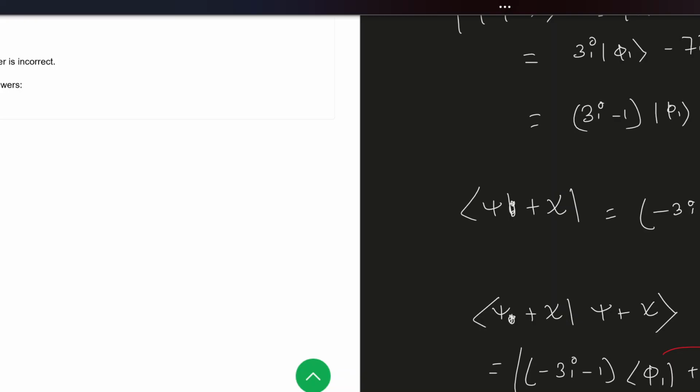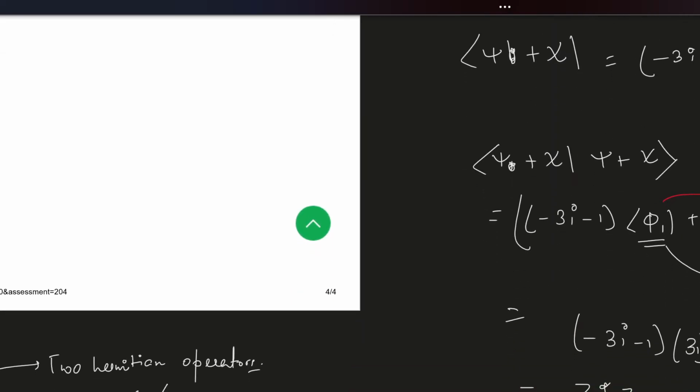If this is z, then this is z star, the complex conjugate of that. So let's say z1 z1 and z2 z2. That means mod of z1 squared plus mod of z2 squared.